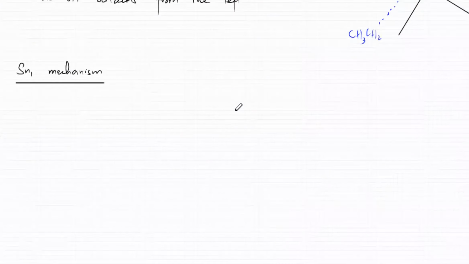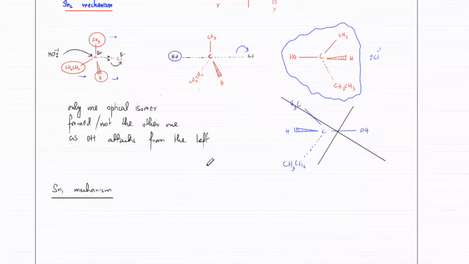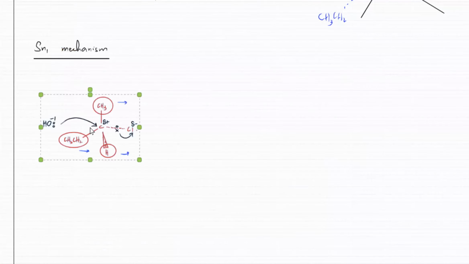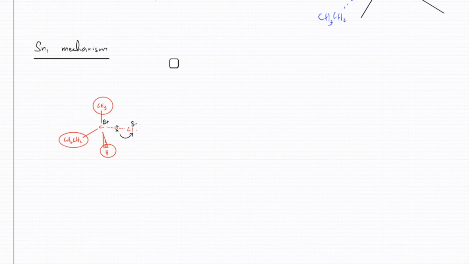So the mechanism is different. Let's draw the three-dimensional diagram of this. I'm gonna do the same thing. The first part would be exactly the same, except for the fact that there's not going to be any OH minus one. The Cl would leave first. So I'm going to keep everything the same, except that there is no OH initially. So the Cl leaves.